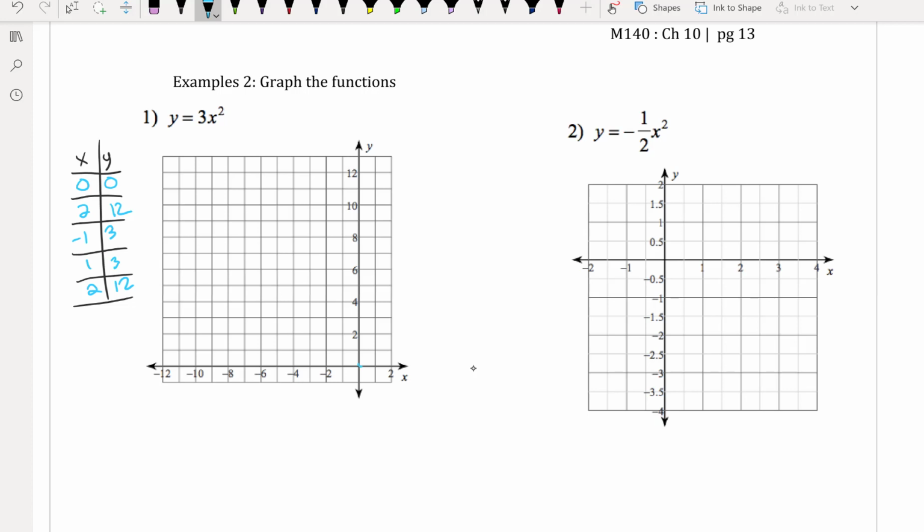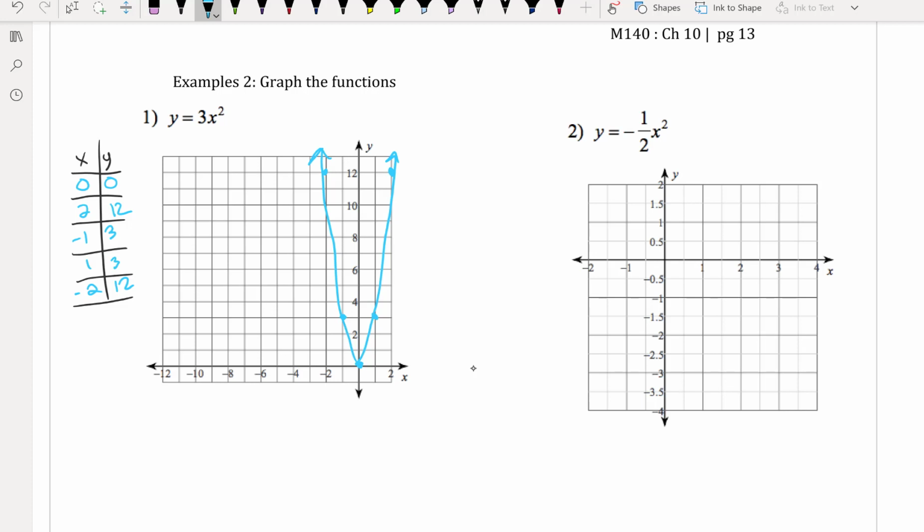I have 0, 0. I have 2, 12, which is very high. I have negative 1, positive 3. I have positive 1, positive 3. And negative 2, positive 12. So that's going to be my answer for number 1.